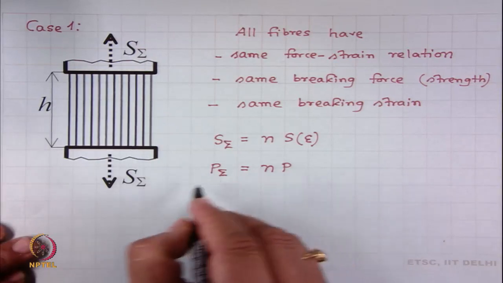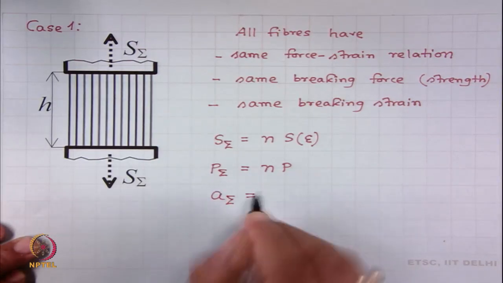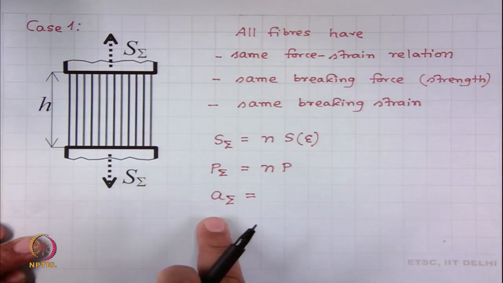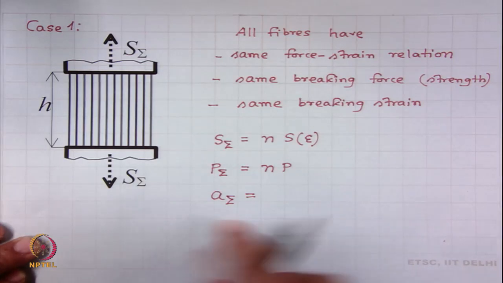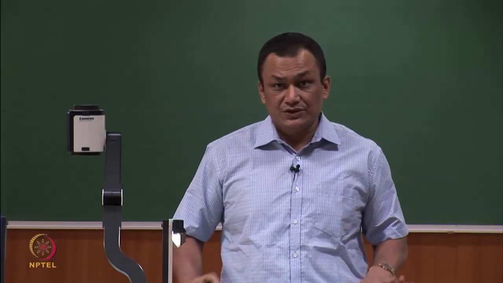Similarly, breaking elongation, breaking strain of the bundle will be equal to breaking strain of the fiber. This is a very idealized situation.